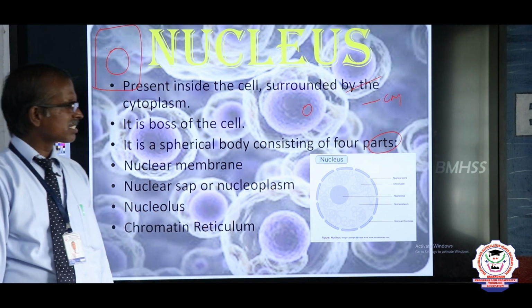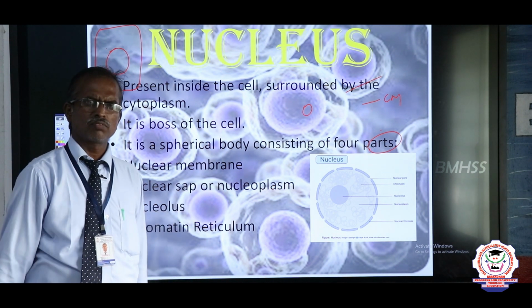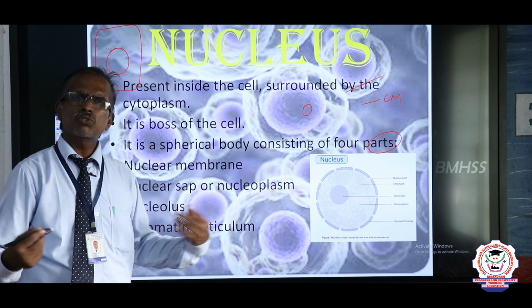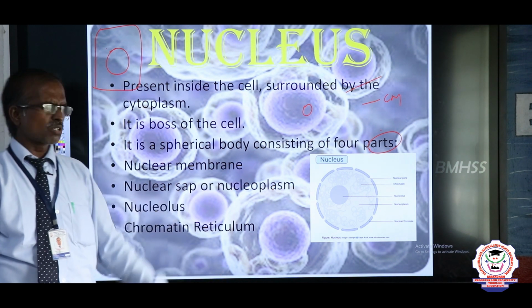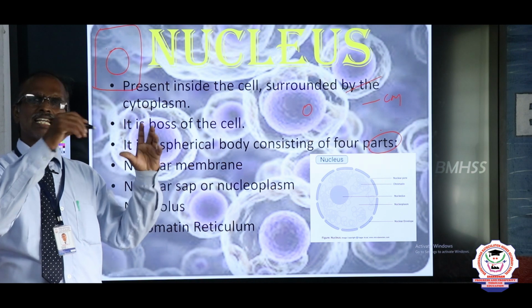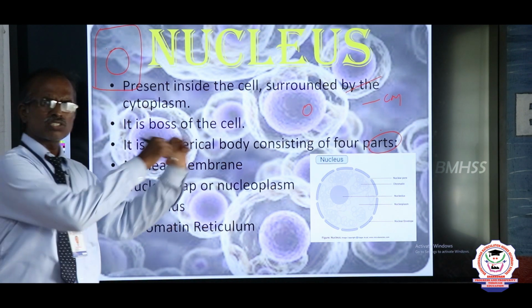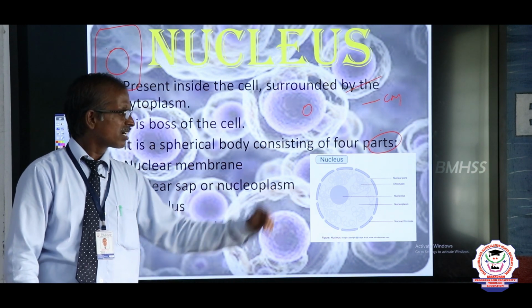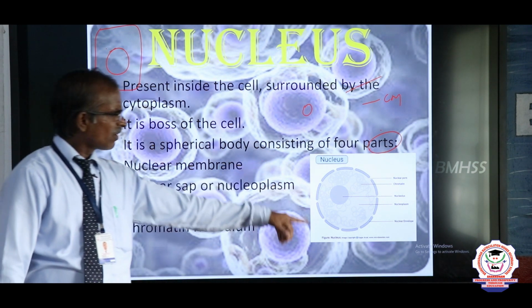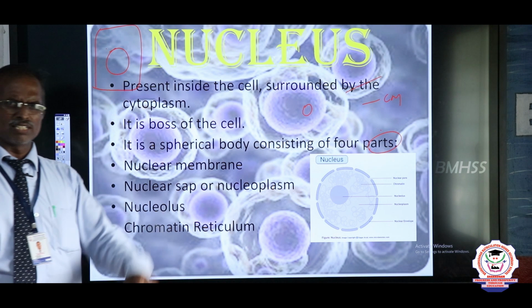The nucleus is the boss of the cell, just like our school MD sir. It controls the entire life actions within the cell. What things take place within the cells? They are controlled by the nucleus, because every cell has a nucleus.